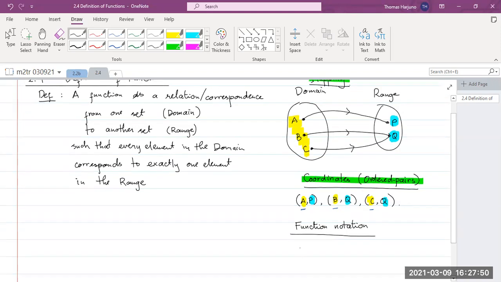The function notation will be f(a) equals b. Okay, A is in the domain. f(a) is the output if the input is a. Actually, for the top one, f(a) is P. f(b) is Q. f(c) also Q.